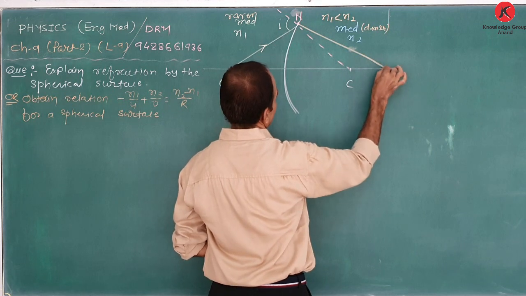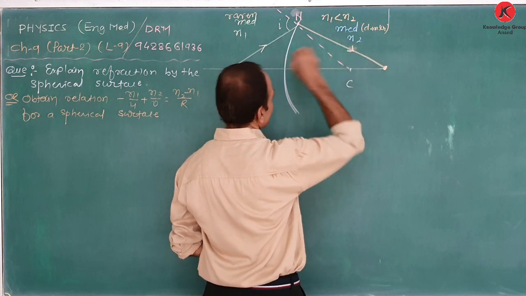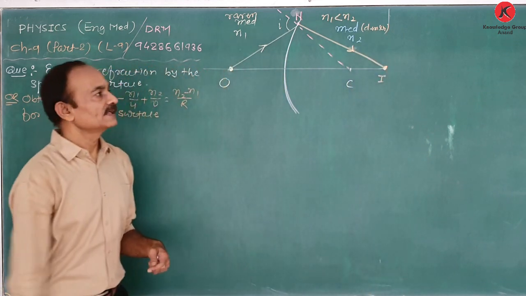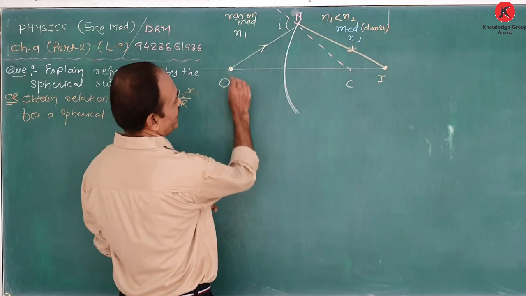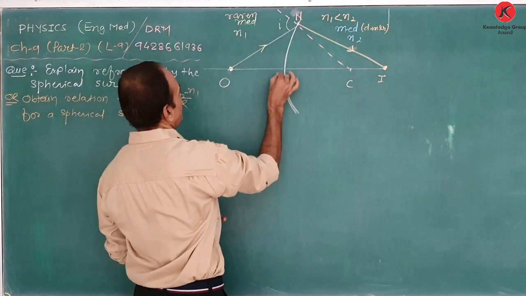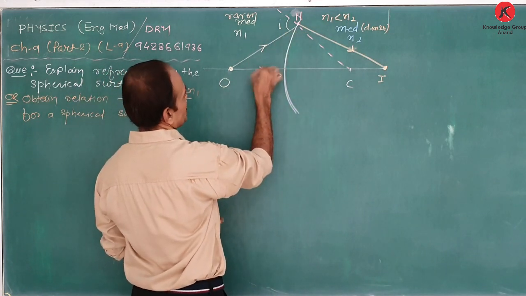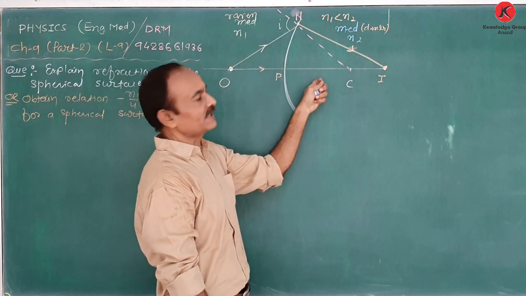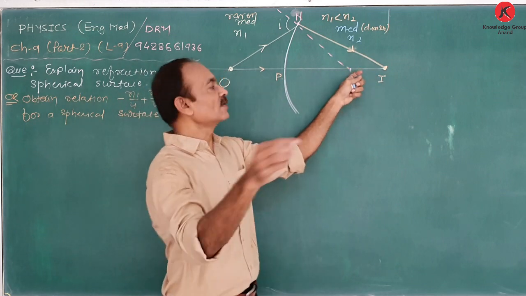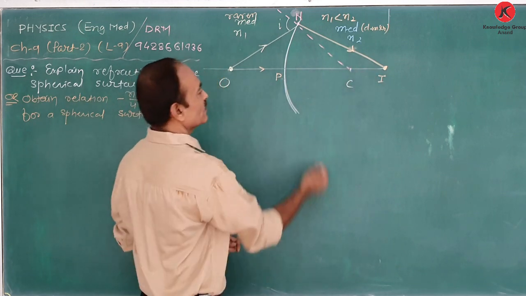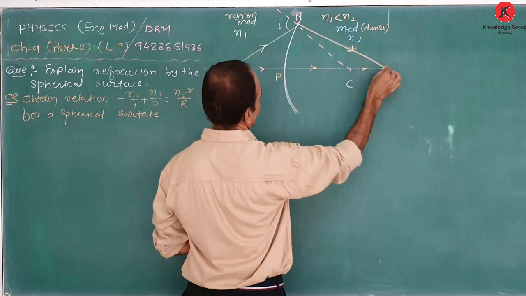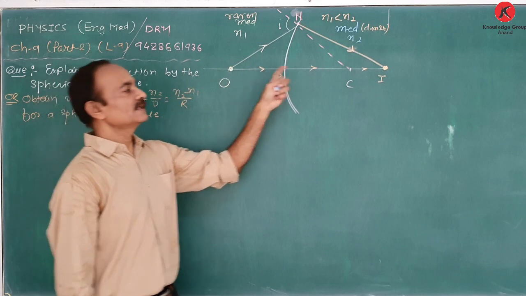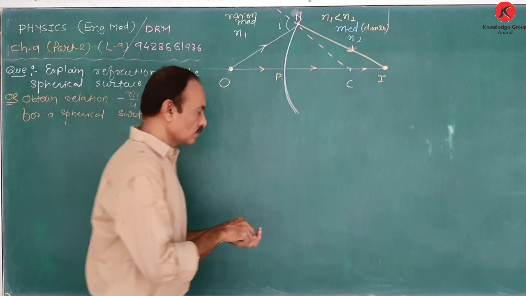Thus the image of the point-like object is formed on the principal axis at point I. The second ray is incident at the pole of the spherical surface along the normal, so after refraction it also propagates along the axis. Thus both refracted rays meet at point I, so I is the image of the point-like object.